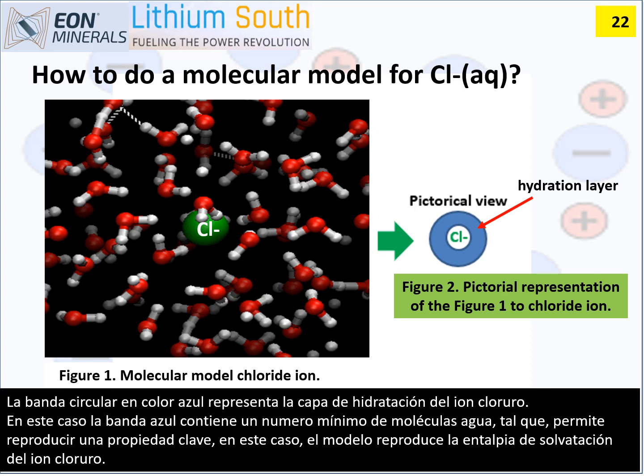The blue circular band in figure 2 represents the hydration shell of the chloride ion. In this case, the blue band contains a minimum number of water molecules, such that it allows to reproduce a key property. In this case, the model reproduces the solvation enthalpy of the chloride ion.